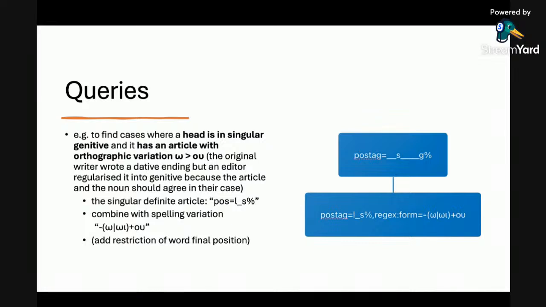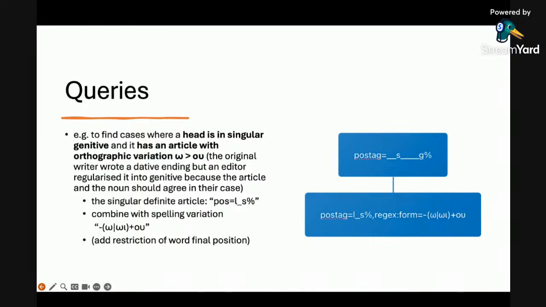So we did write form and so on in the previous case study, and here we can first have the head box as the singular genitive case, and then there is a plus sign that you can click, and then it will give you another box, which will then give you the child or the dependent of this word. So you can this way build the query tree as you would build the treebank that Polina was showing just a minute ago.